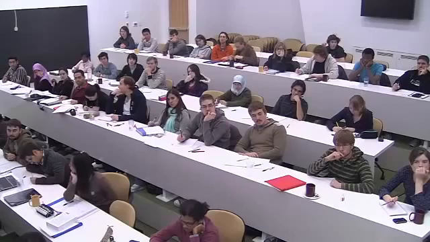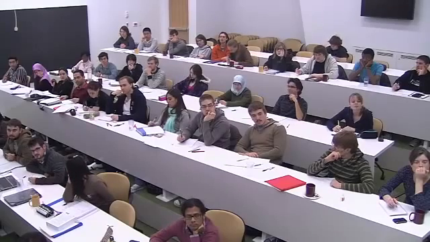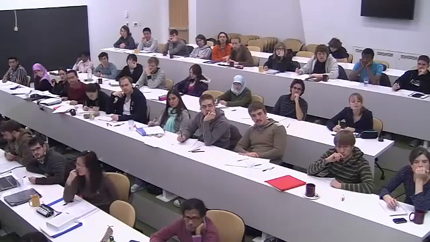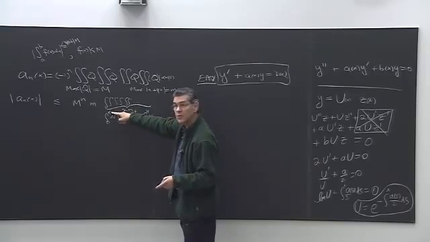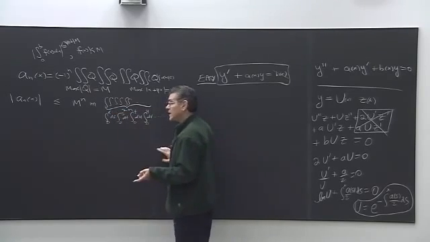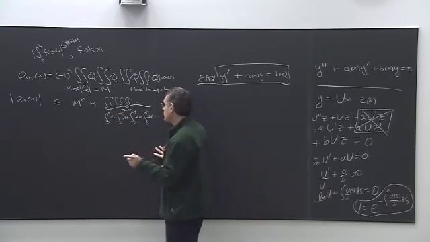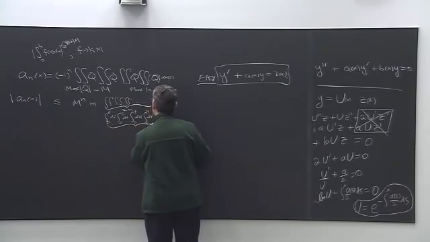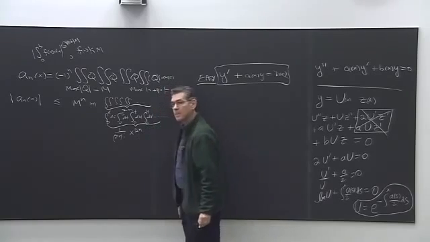Times, of course, the last evaluation, which is x to the 2n. Very good. So this thing is just 1 over 2n factorial times x to the 2n.